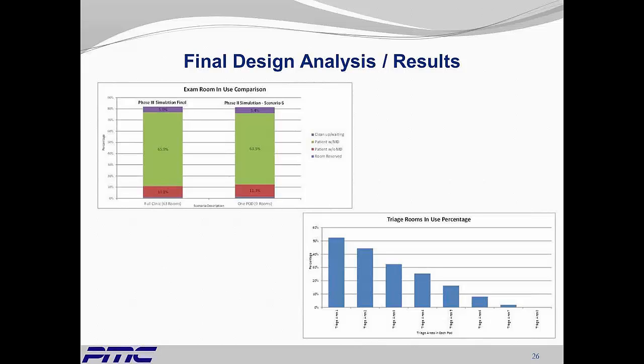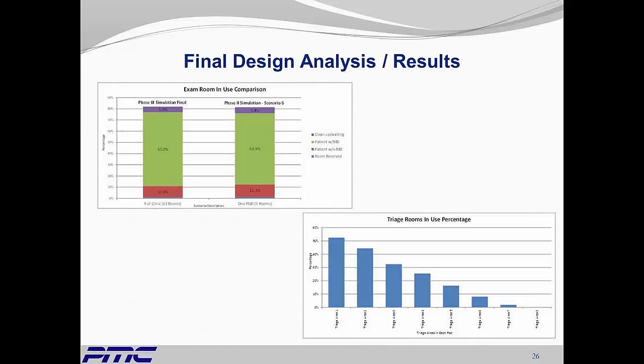Again, on this first one, as I mentioned before, we wanted to make sure that the overall clinic design results match what we had gotten in terms of modular design, and we were happy that it did match closely.